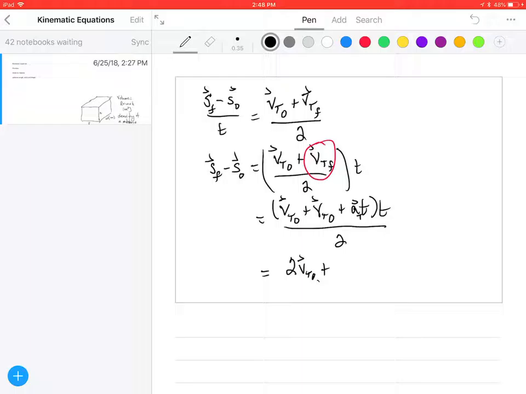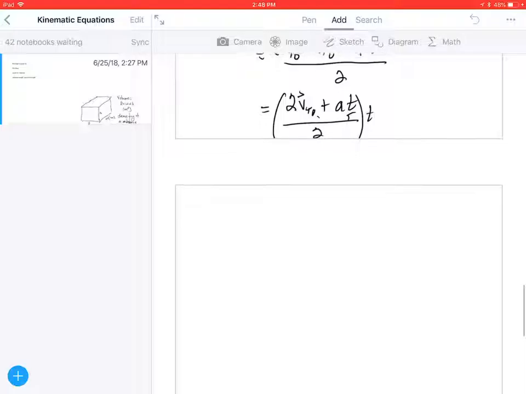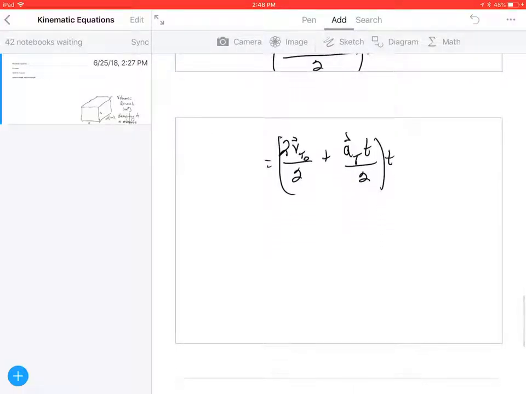plus AT all over 2 times T. So now we're going to end up with 2 VT initial over 2 plus AT times T all over 2 times T. So we see 2 over 2 is just defined as 1.